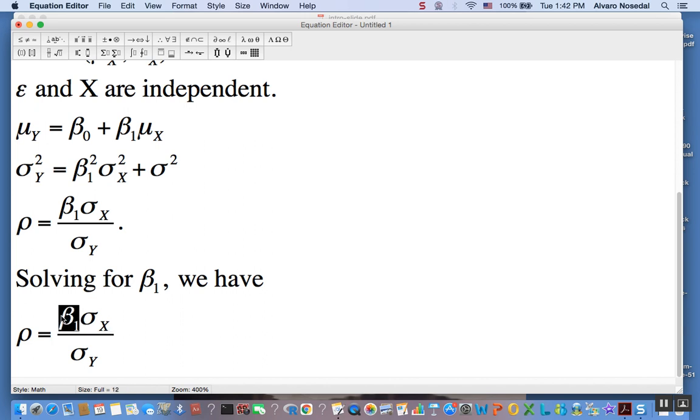So we're going to have that here, and this will now be sub y, this will be sub x. Make sense? Again, we're just solving for beta 1.